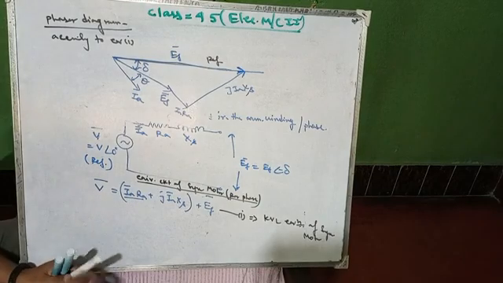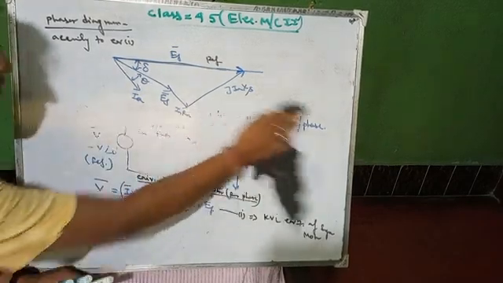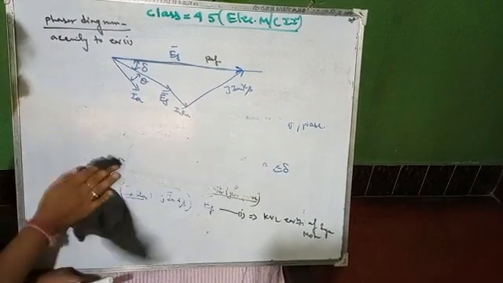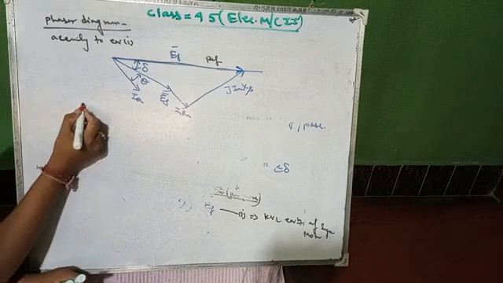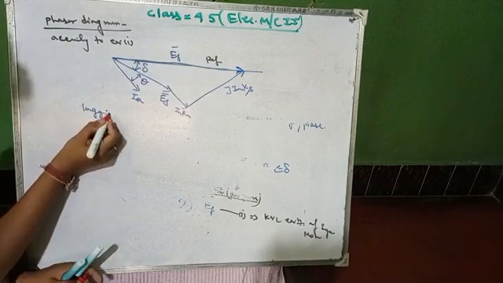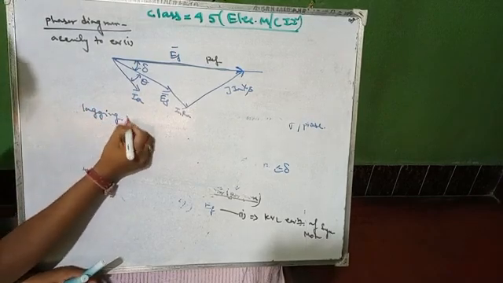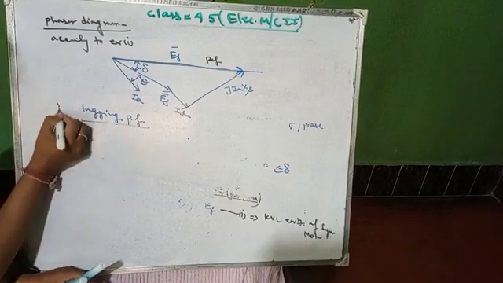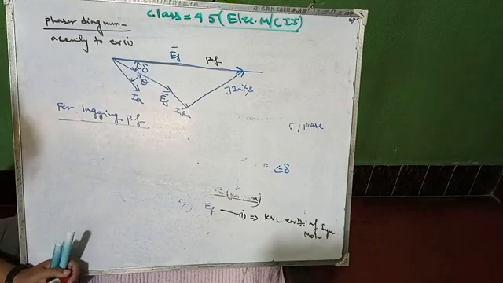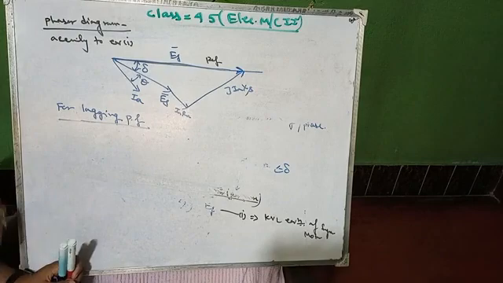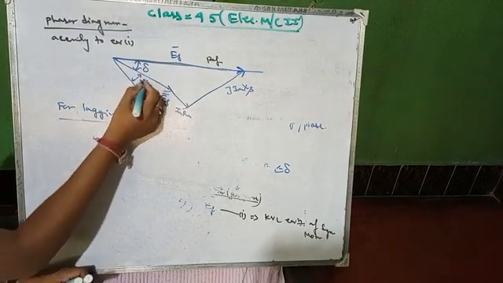Here we are taking the lagging power factor load, so this is the phasor diagram for lagging power factor. This angle, let us consider, is psi.